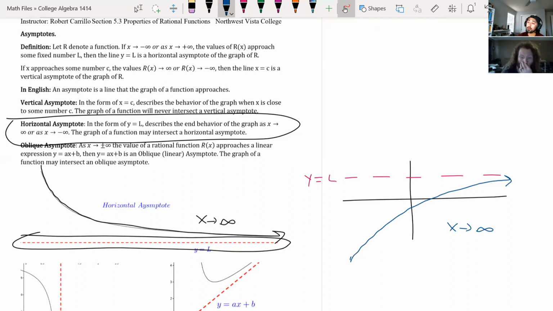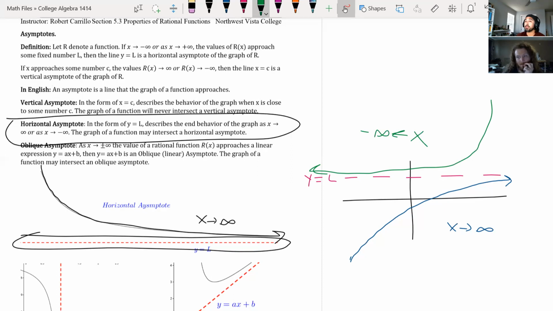Okay, and the same would go for x going to negative infinity. Let's say x was going to negative infinity, and I had a graph coming down this way. We would get closer and closer, but possibly never touch it. So that would be as x approaches negative infinity. Okay, so that's a horizontal asymptote.